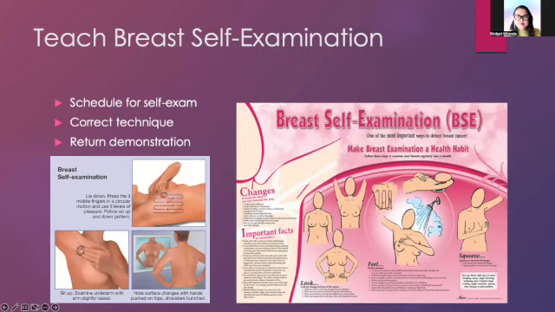You also want them to do this when they're sitting up as well, because you're watching where the breast tissue lands. Examine the underarm for axillary tissue, and then check for any surface changes when they have their arms on their hips or on their shoulders.